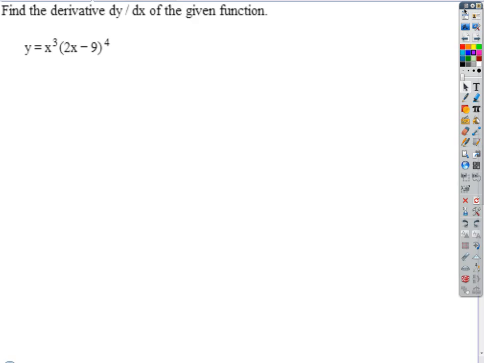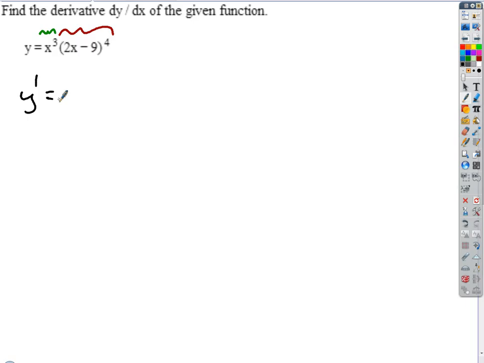We have a product of the green factor and the red factor. Christmas colors. All right, so product rule. What are we going to get for the product rule here?